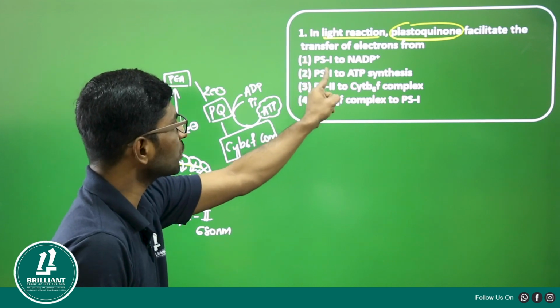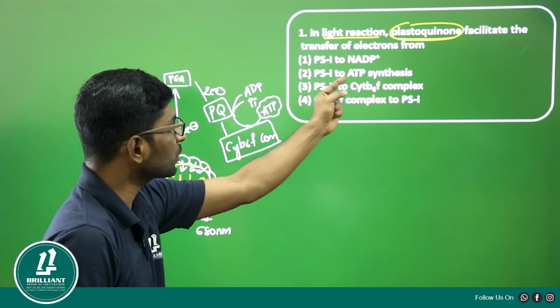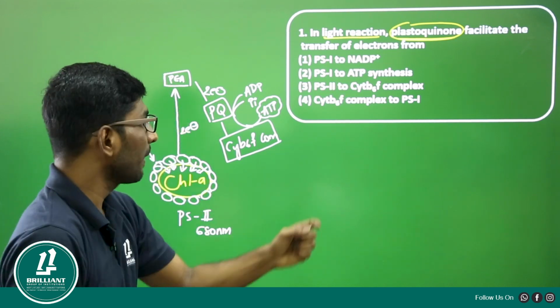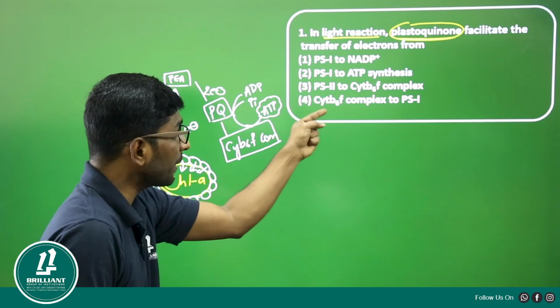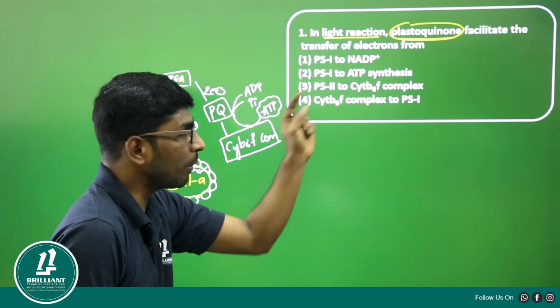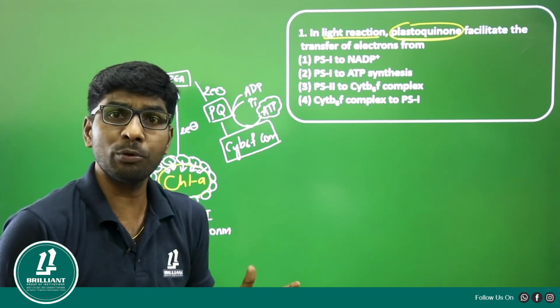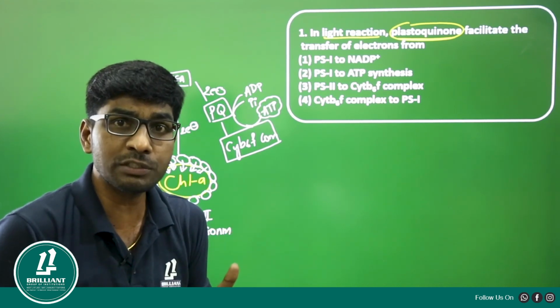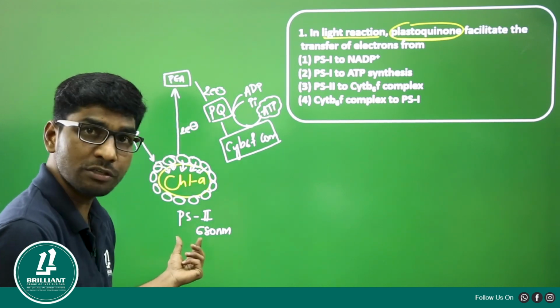So look at here. Option 1, PS1 to NADP. Option 2, PS1 to ATP synthesis. Option 3, PS2 to cytochrome F complex. Option 4, cytochrome B6F complex to PS1. Plastoquinone is a carrier protein seen in non-cyclic photophosphorylation only. So non-cyclic photophosphorylation starts with what? PS2.